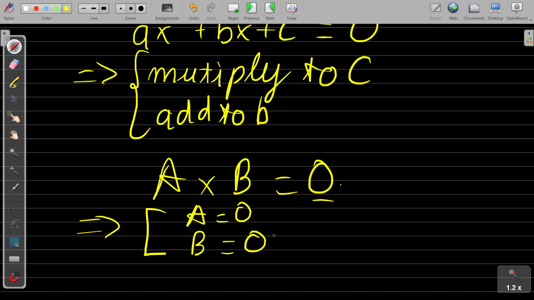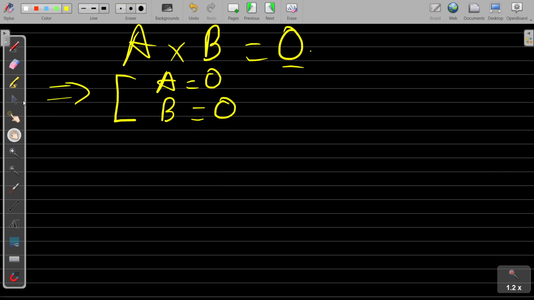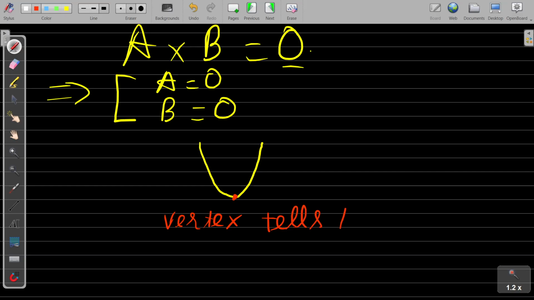for solving that. When we draft out parabolas and vertexes, this point in red right here is called a vertex, and the vertex tells the story.